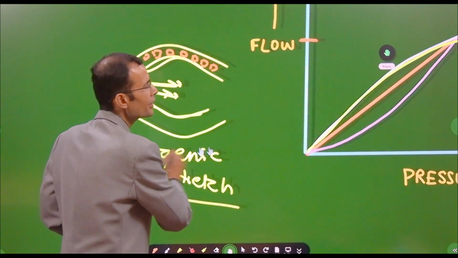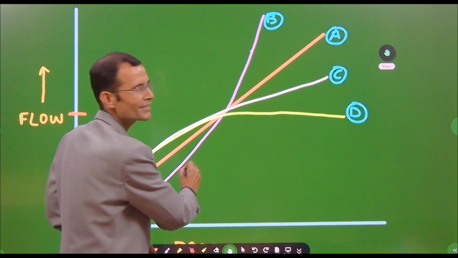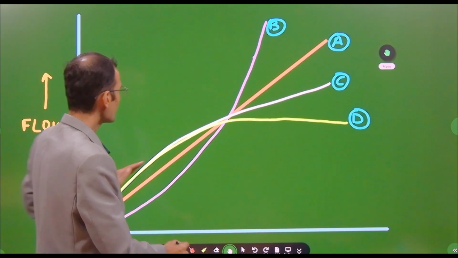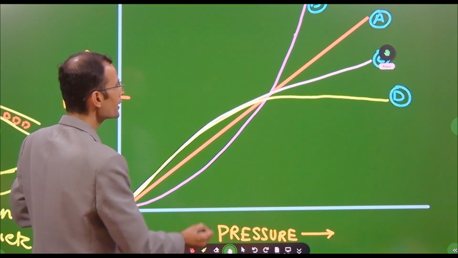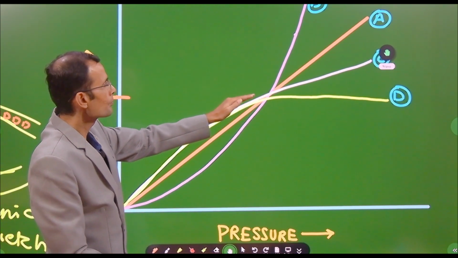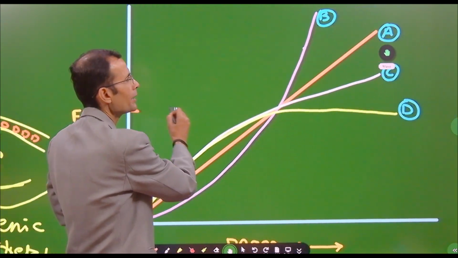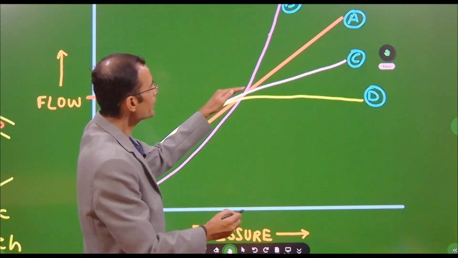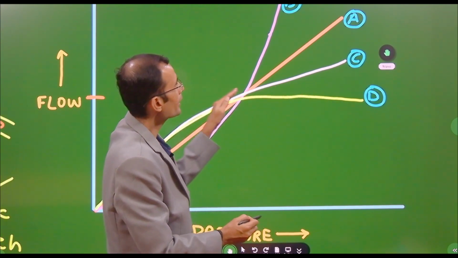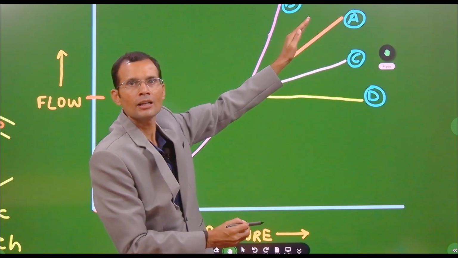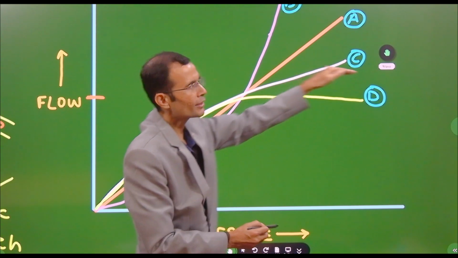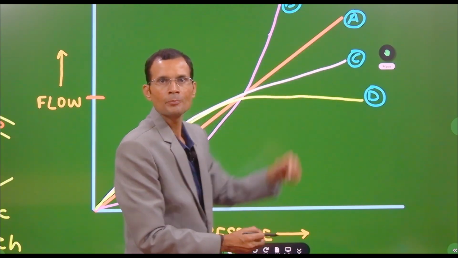What you can see here in the case of C is that initially as the pressure was increased, the flow has increased, but beyond a certain point, the flow has actually declined. It stabilized, but it declined. It has not gone up like our normal rigid tube. The flow has declined in comparison with A.